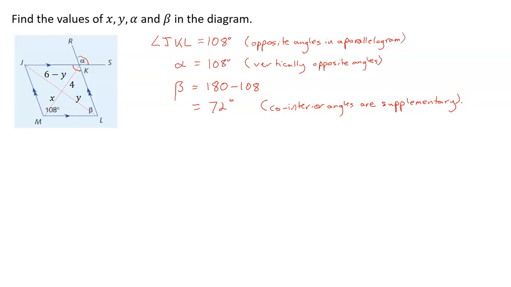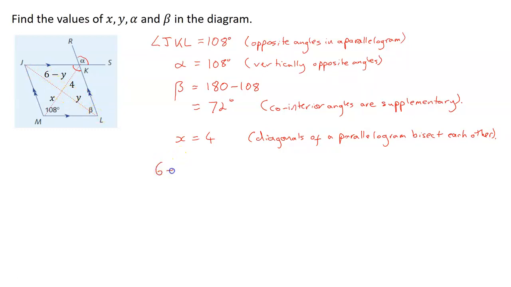Now let's have a look at my x and y. They're on the diagonals here. So I can see that x must be equal to 4 because... now the other diagonal, I've got 6 minus y and y.